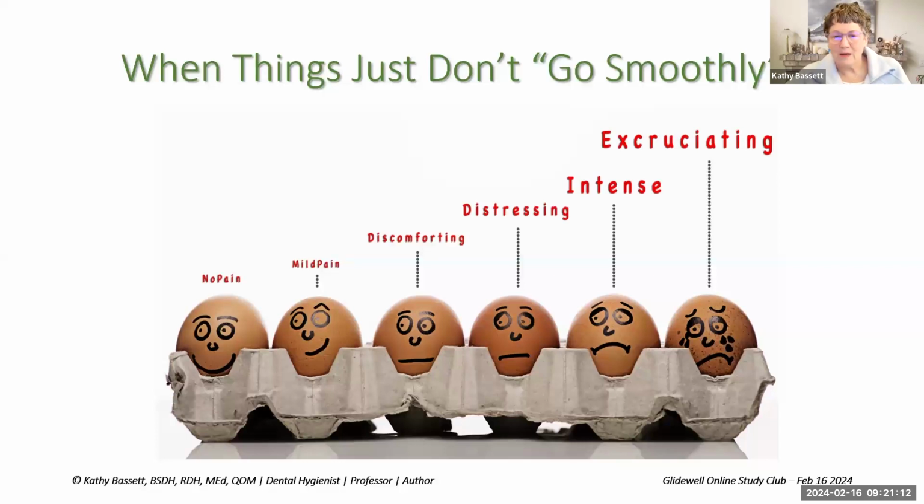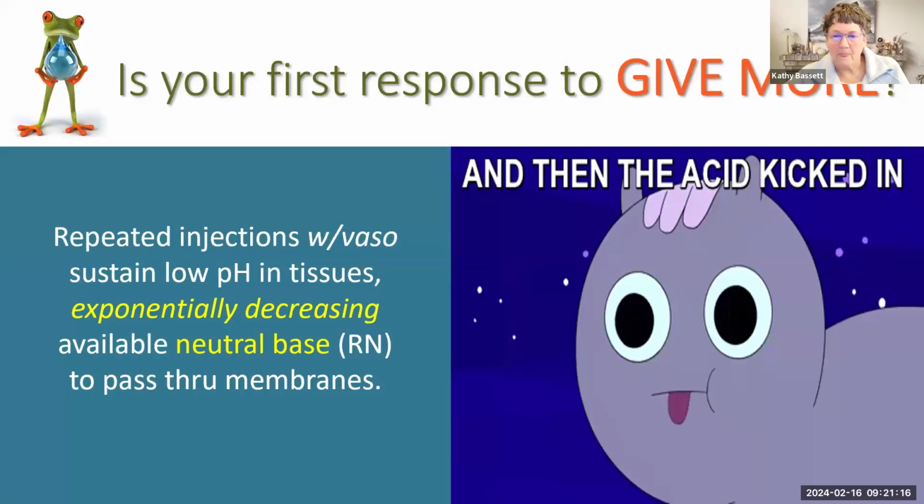So I want to talk about a little bit of pharmacology before we look at targets. Generally, is your first response to give another cartridge? They're not numb, let's just give them some more. From the standpoint of the pH in the tissues and the drugs, repeated injections, especially with the use of vasoconstrictors, will sustain low pH in the tissues at target sites.